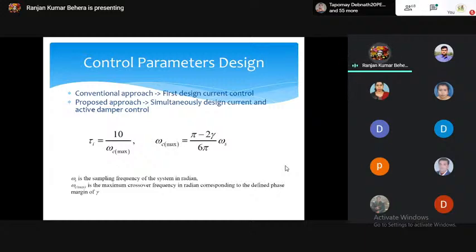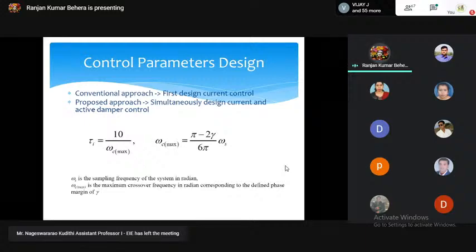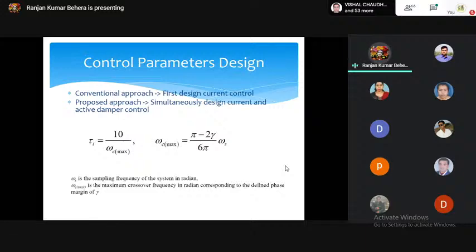When you design the current controller, it also depends on many parameters. For example, the hysteresis band, and it also depends on the resistances in the network. So all these things come into the picture during current control, and then LCL resonance.